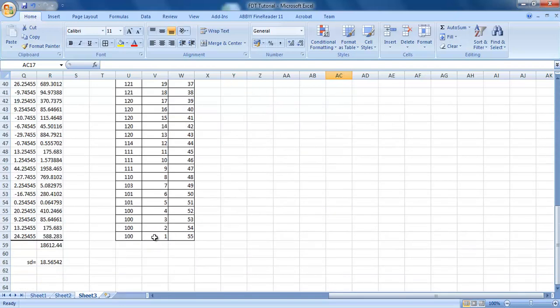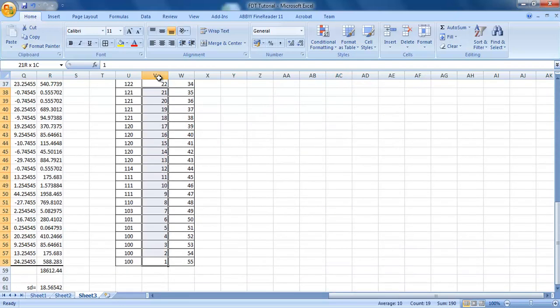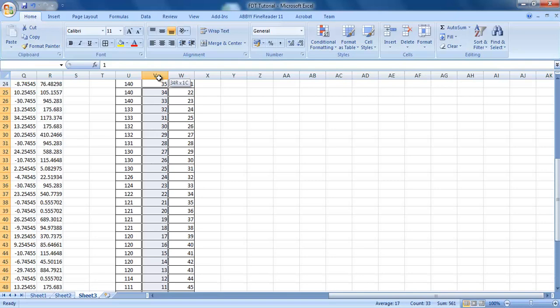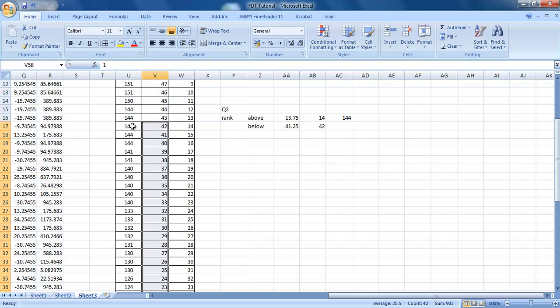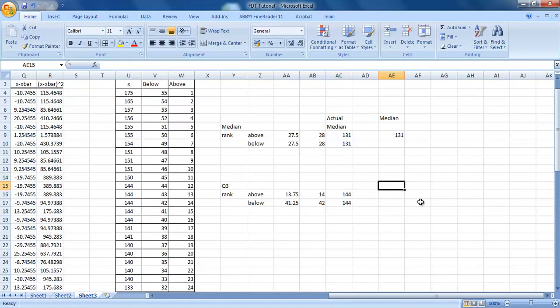Let us start from below. The 42nd item is 144. Okay? So, the same. We're going to get the average of these two Q3s, 144 and 144, so it is equal to 144 plus 144 divided by 2.